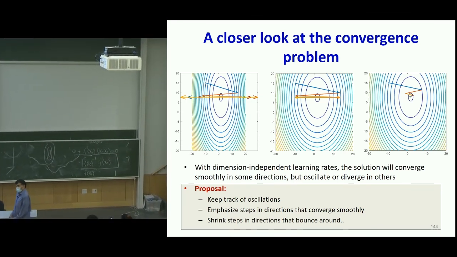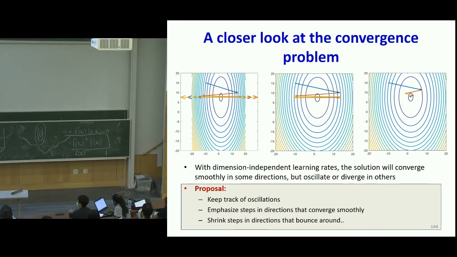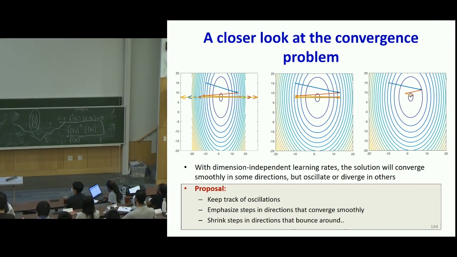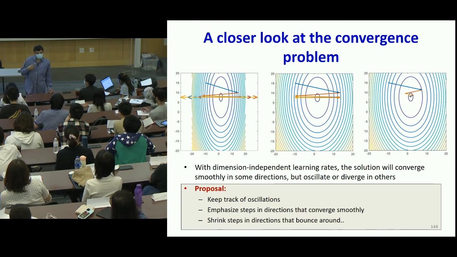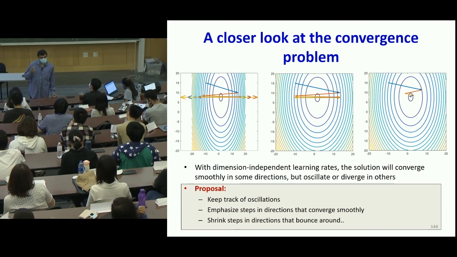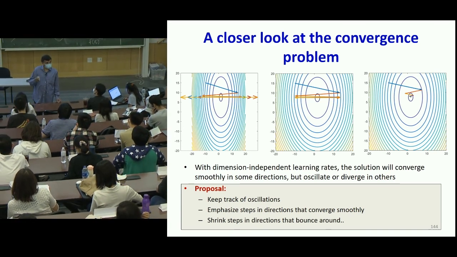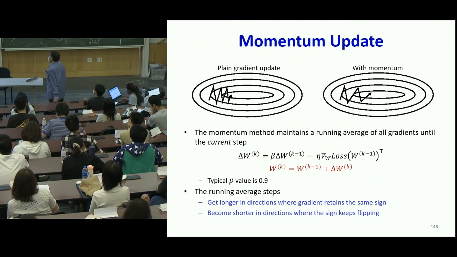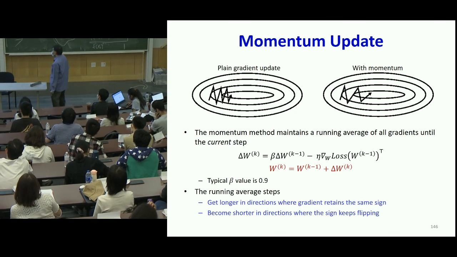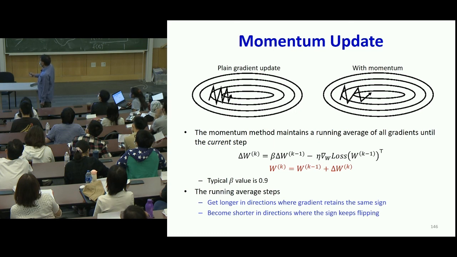You're going to de-emphasize steps in the directions where the derivative has been bouncing around, which means that the simplest way to figure out how to do this is to just compute an average. If things have been bouncing around, you expect the average to be small. If things have been consistent, you expect the average to be large, right? And so that gives us the so-called momentum method. I'll stop right here, where the idea is very simple.